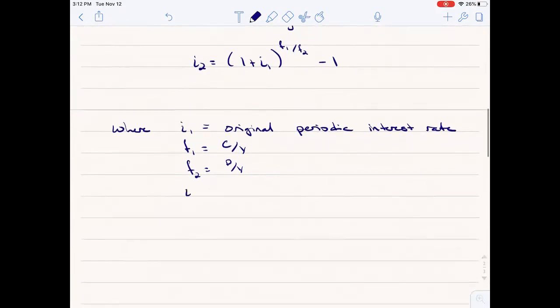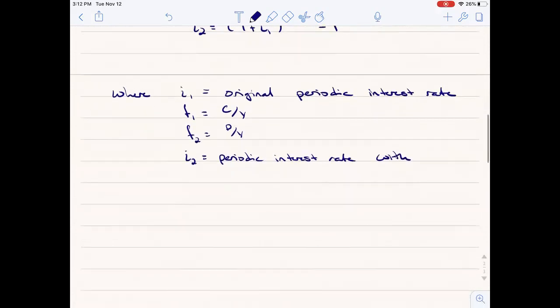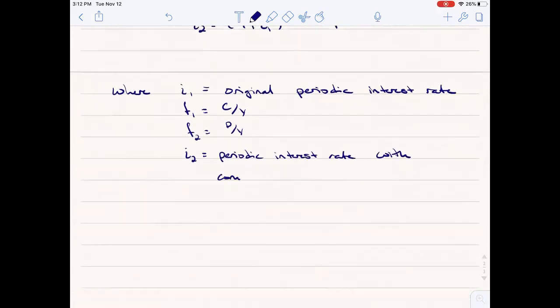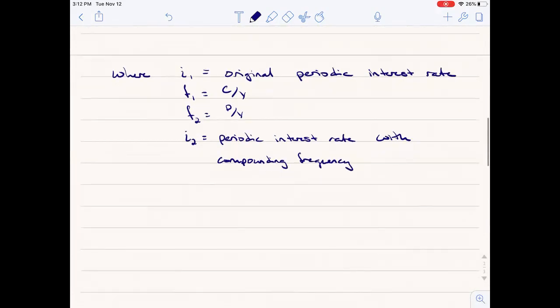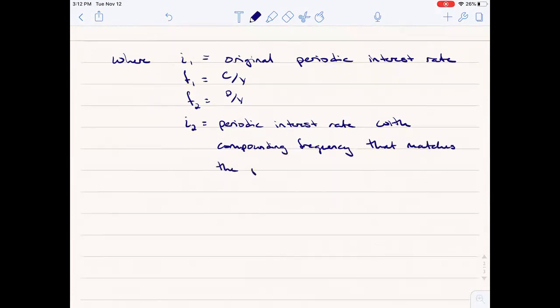And then I2 is the periodic interest rate with compounding frequency, I should say, that matches the payment frequency.